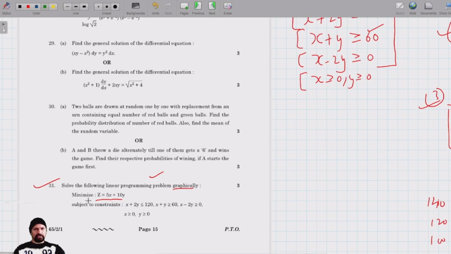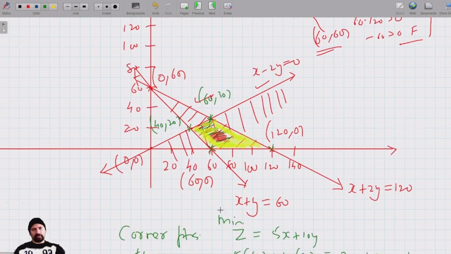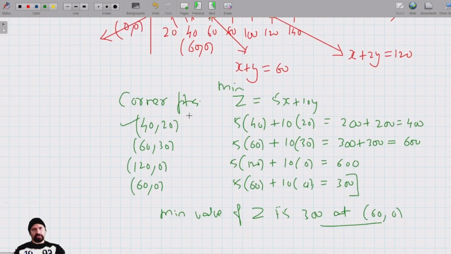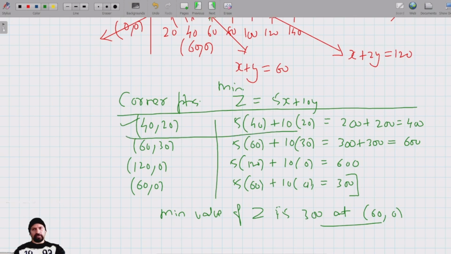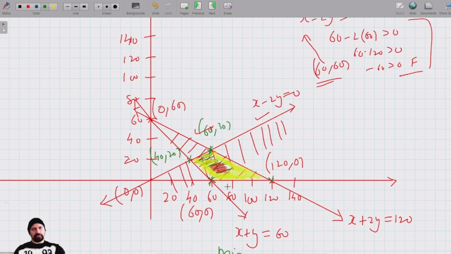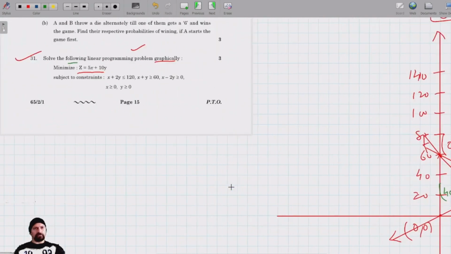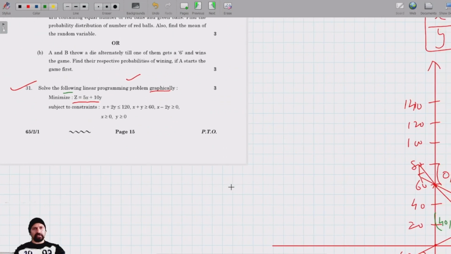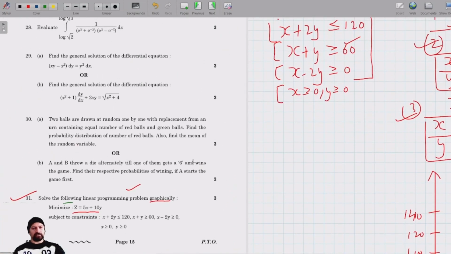We solved it graphically, and of the four corner points, the minimum value is at 60 comma 0. This solves our question number 31. Let's move on to the next section.